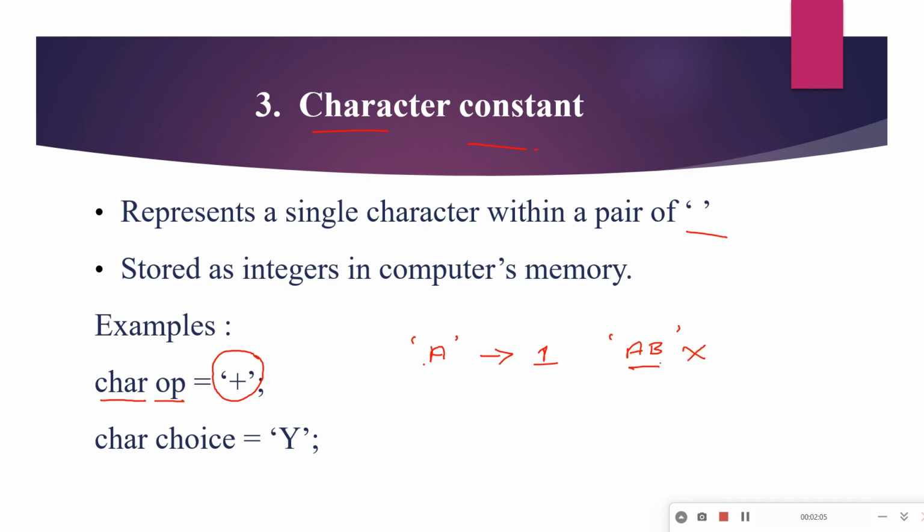But when we enclose only a single character within a pair of single quotes, we can consider this as a character constant. It can be anything, any alphabet, any digit or any special symbol like plus or whatever it is, we can consider that as a character constant.